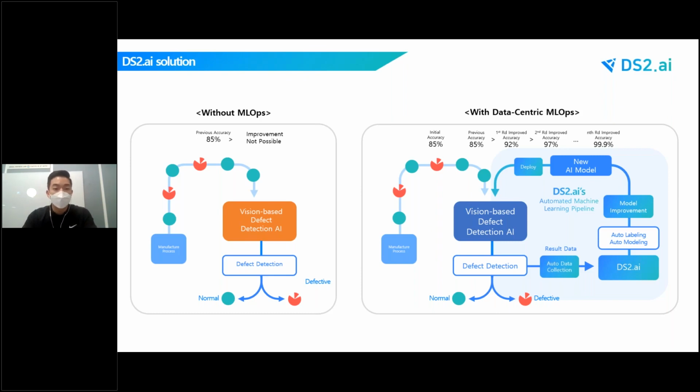So if there's no MLOps system, as shown on the left side of this slide, even if you create an AI model once and create a system that utilizes it, in order to improve the AI accuracy, you need to collect data, process it, create the artificial intelligence, and then deploy it. So it takes a lot of work because the following things have to be made from scratch again, and above all, the biggest problem is that there's no one who specializes in this.